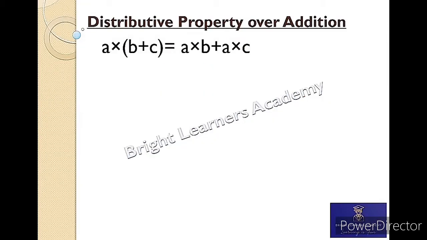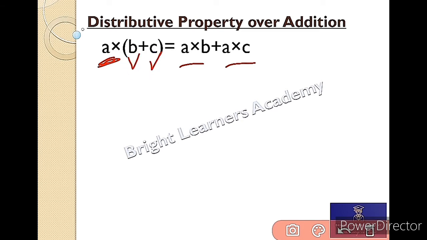This is distributive property over addition. A into B plus C is equals to A into B plus A into C. Remember, the sweet and this B and C are your friends. So you will distribute this sweet to your B friend and this sweet to your C friend.